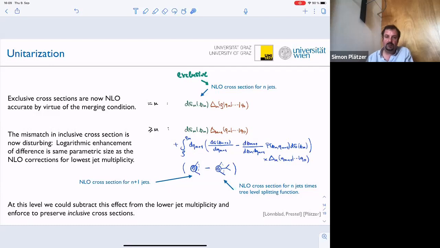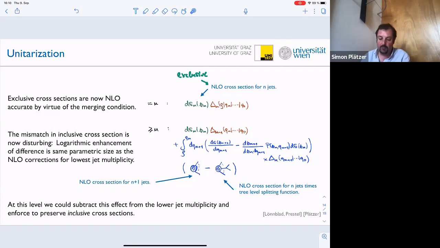And that could be a potential problem, because obviously the leading order parton shower isn't a good approximation to the full NLO cross-section for n+1 jets. So we really need to look at this guy in more detail, because this might end up at a parametric order which is at the same level as the NLO correction which we want to include for n+1 jets, and that's certainly not something which we want to screw up.